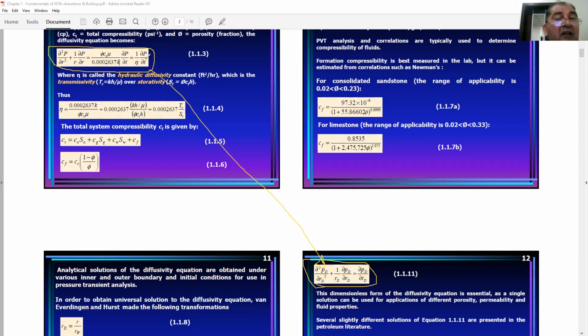So 113 and 1111 are both the same, but one of them is the diffusivity equation in real-time units, and the other is in dimensionless parameters. Can you please move from this shape to that shape? I mean, can you do it mathematically, using the three parameters here?